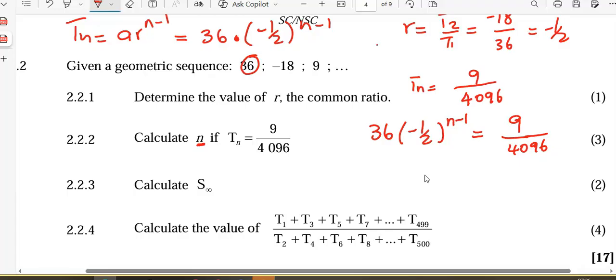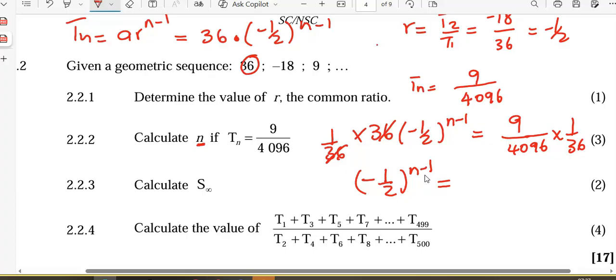So tell me, what is 9 over 4096 times 1 over 36? This is 1 over 36 times 1 over 36. Why? Because the 36 will cancel. This side I'll be left with minus 1 over 2 to the power n minus 1.